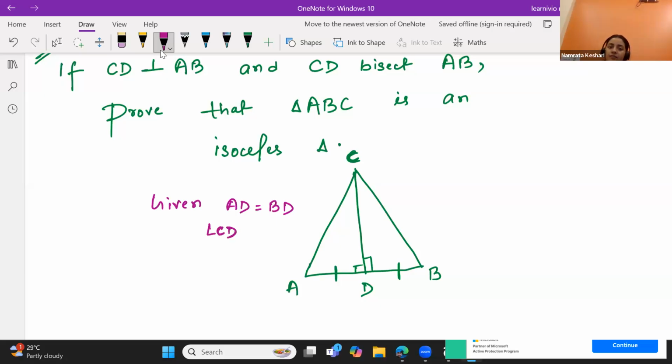Triangle. This is given, and whatever I'm writing on the screen is given, and accordingly you have to tell me which two triangles we shall take to prove ABC is an isosceles triangle.